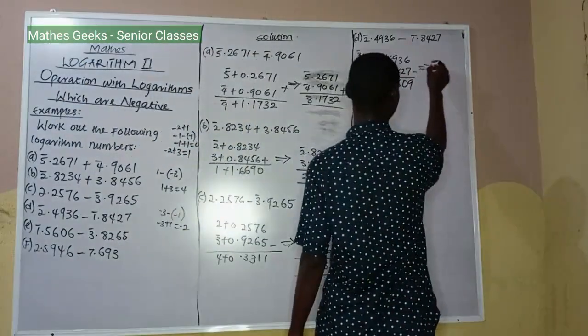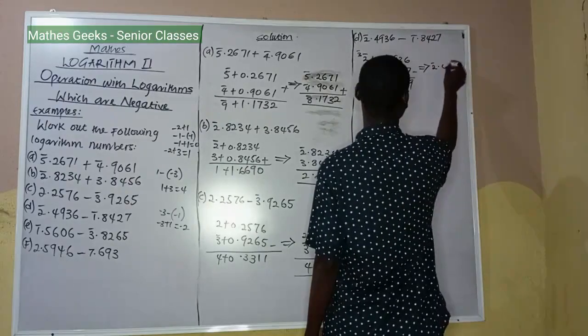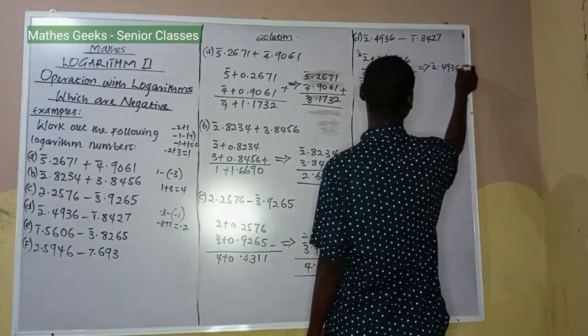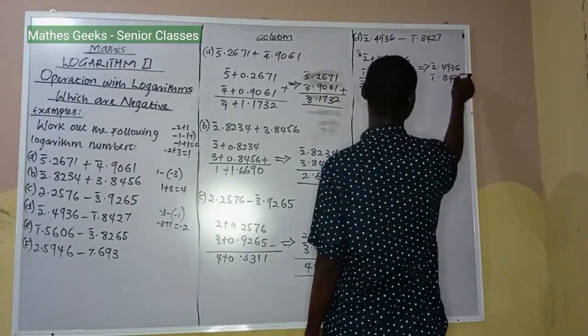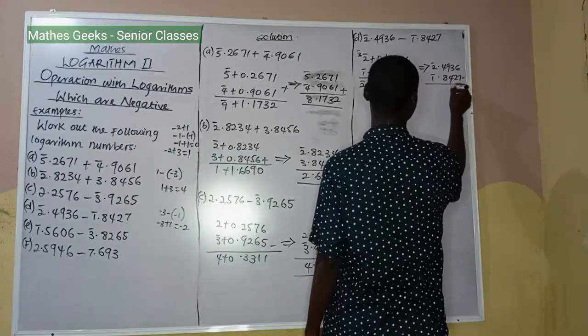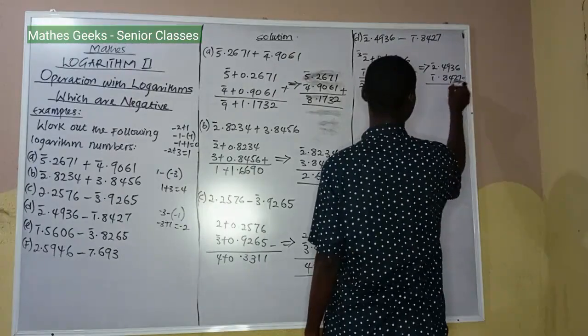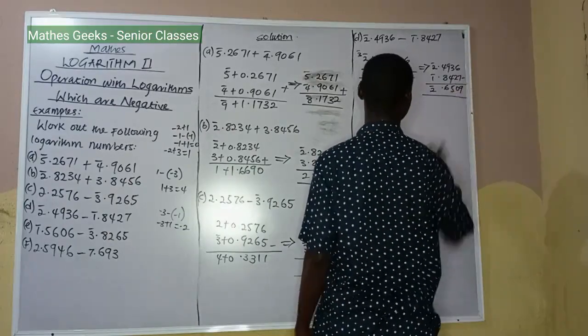So this implies that bar 2.4936 minus bar 1.8427, subtraction, gives us 9.069056, point bar 2. Final answer.